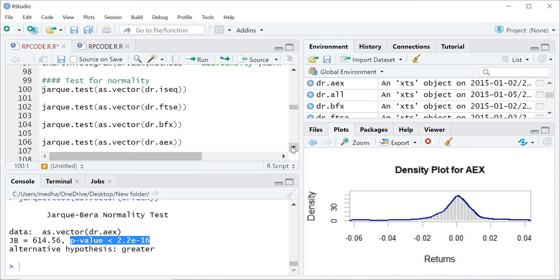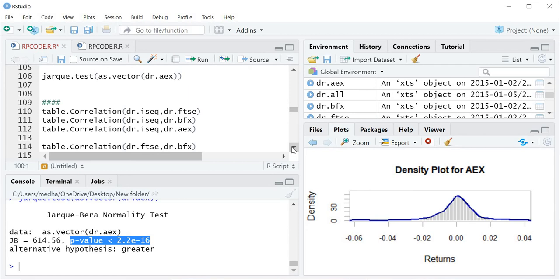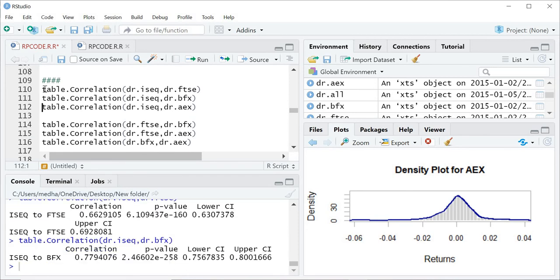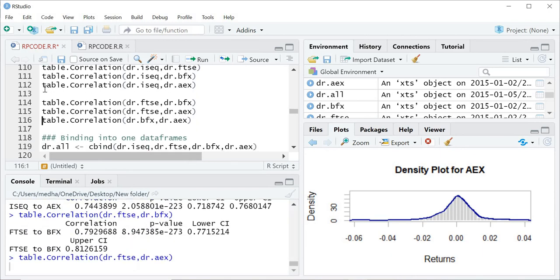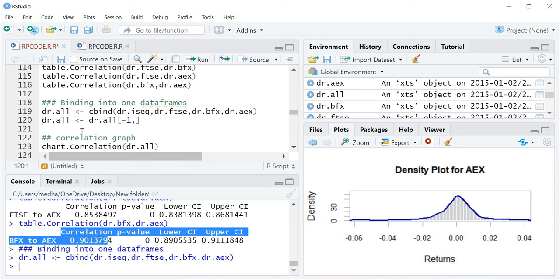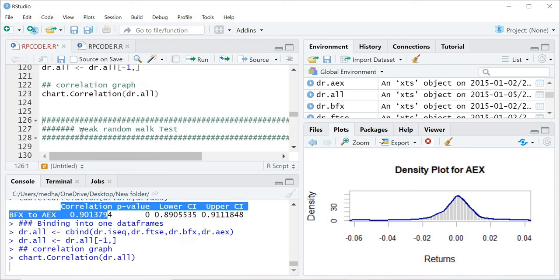The next test that I am doing is to find the correlation between the markets, and I'm using the table.correlation function in order to see the correlation value between the markets.